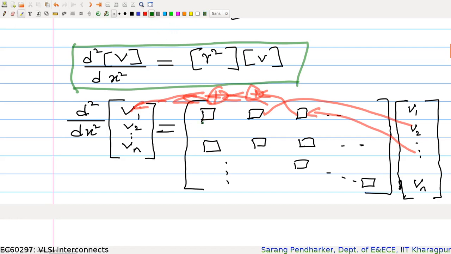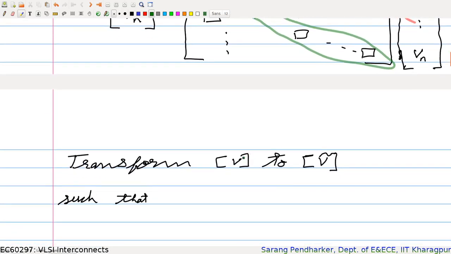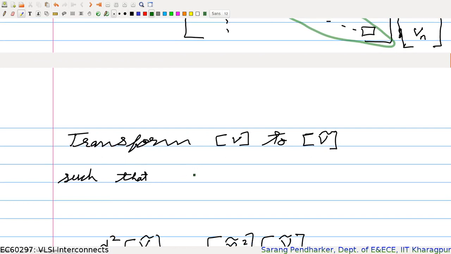We had seen that if we had just the diagonal terms here, in that case my V1 is just a function of V1, V2 depends on V2, and then I can simply decouple these equations. So what I want to do is transform V to V tilde.